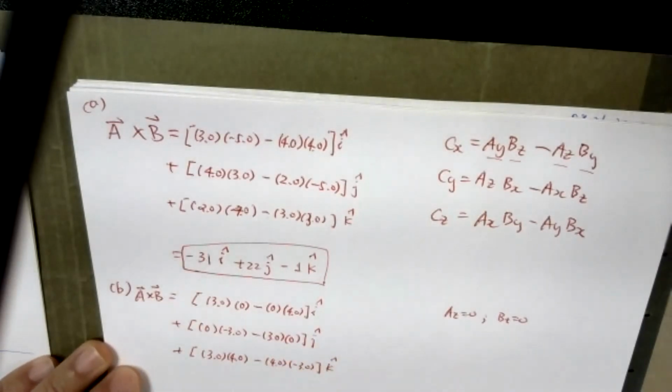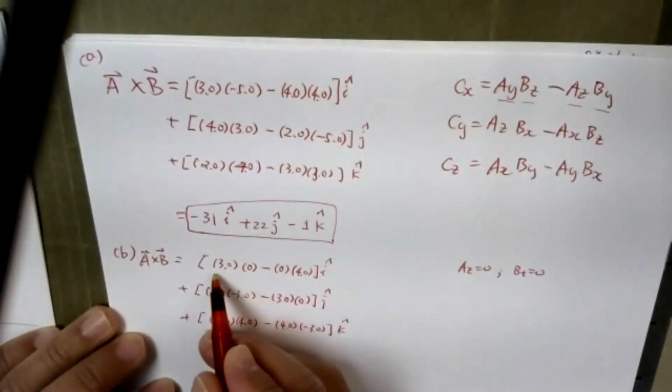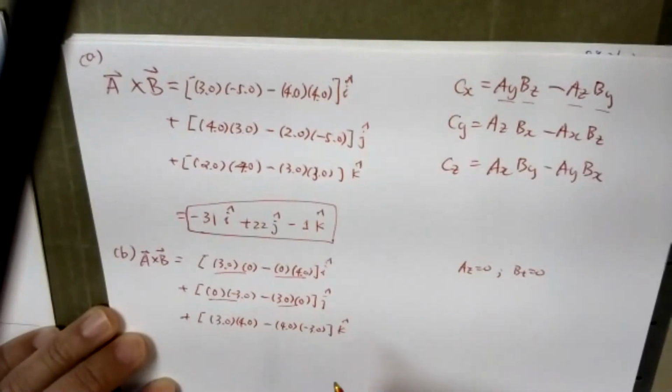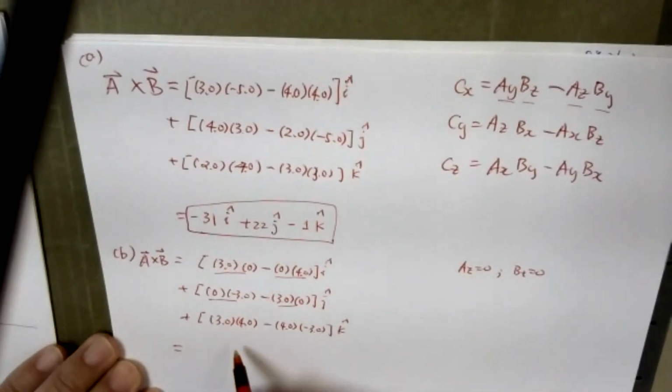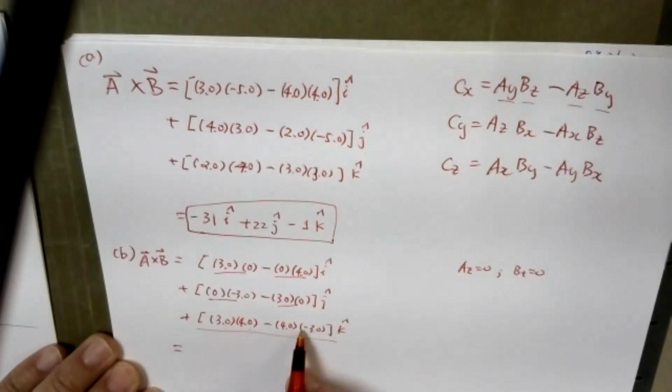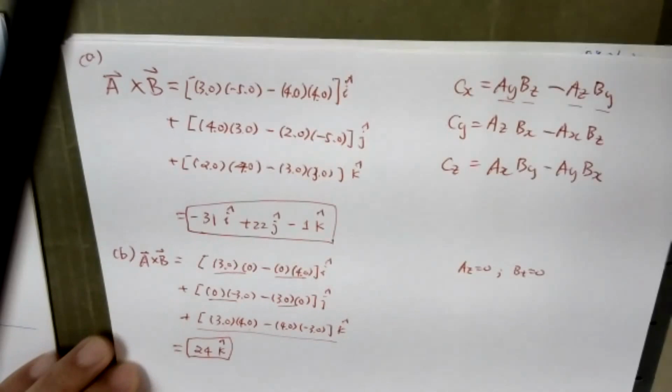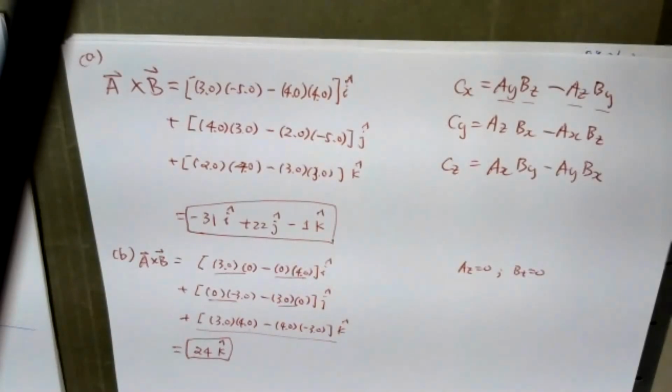So you'll figure out that now this will be 0 minus 0, so 0, okay? So the only thing remaining will be this guy, so 12 minus 4 times negative 3, so 12 plus 12 will be 24k, okay. All right, so that's what you should have, okay. Any questions you guys might have?